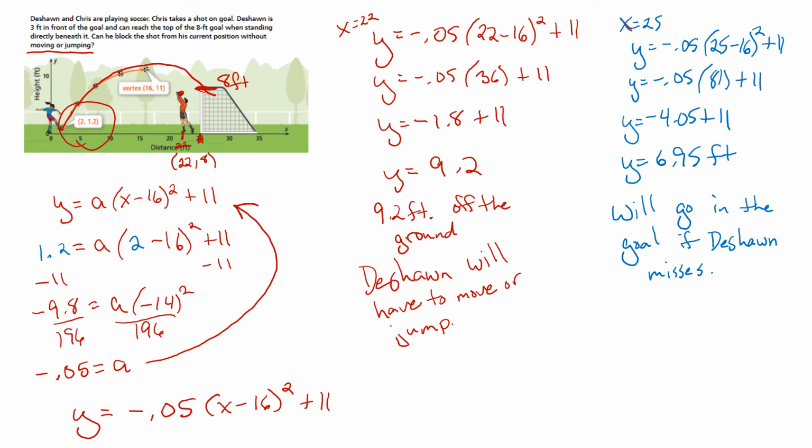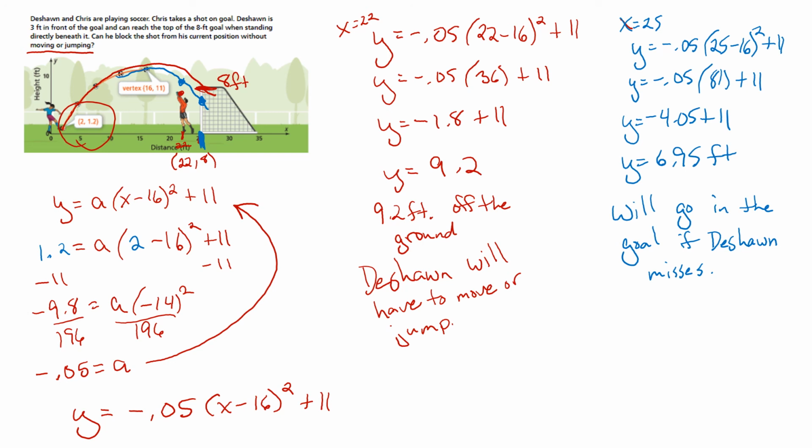And we found that by plugging in the x value at 25 and saw that, hey, it's going to hit right about there. Whereas at Deshawn, it's going to hit here. So if we followed that arc, it would go kind of like that.